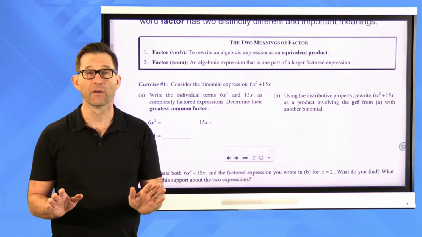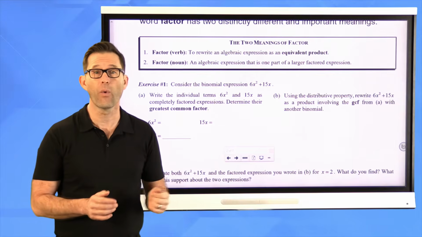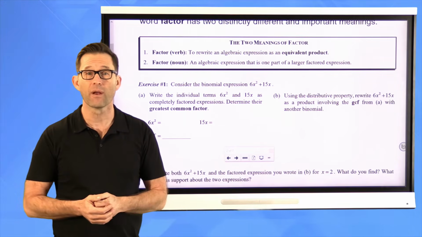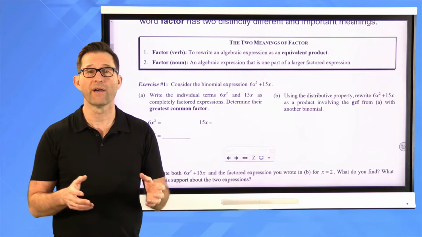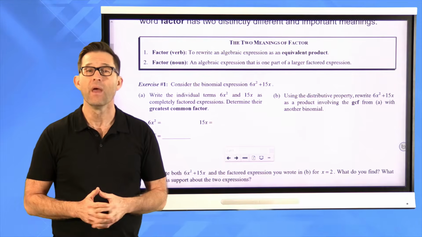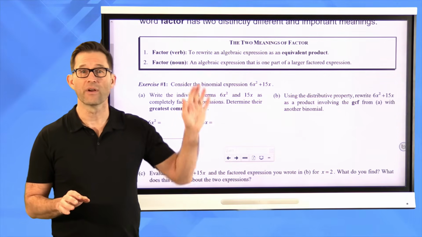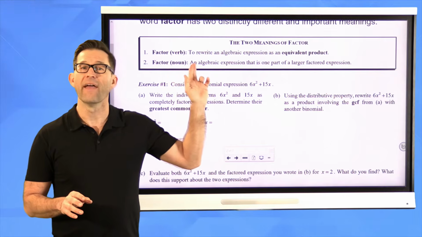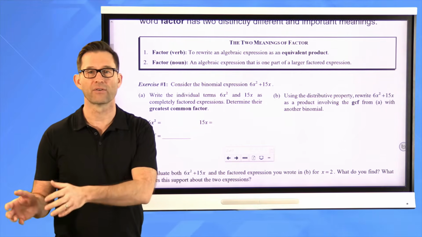And you've been factoring numbers for years. When I write something like 8 as 2 times 4, I have factored the number 8. When I take the number 15 and I say, well, that's 5 times 3, I have factored the number 15. Now, the other word that's associated with factor is factor the noun, and that's an algebraic expression that's one part of a larger factored expression.